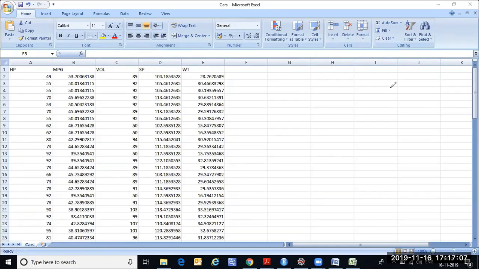Guys, come on. What is the output variable? Why is it so stubborn? MPG, right? So MPG is the output variable.